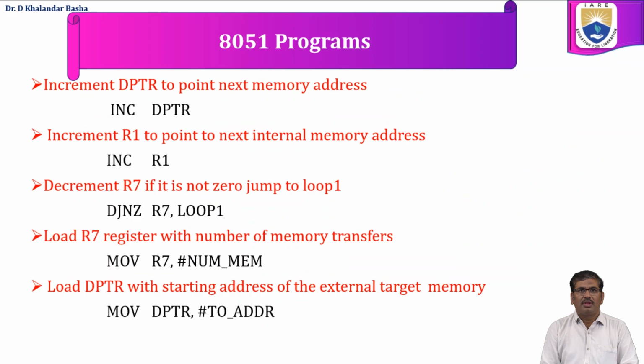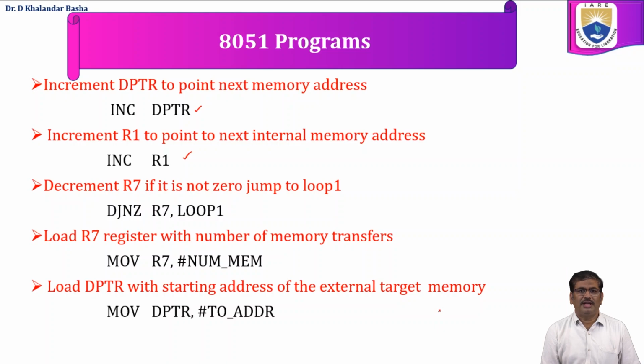Next, for accessing the next data, the address will be incremented both in external memory, which is pointed to by DPTR, and in internal memory, where the R1 register will be incremented by 1. This process has to be repeated until all the blocks we want to move are transferred.